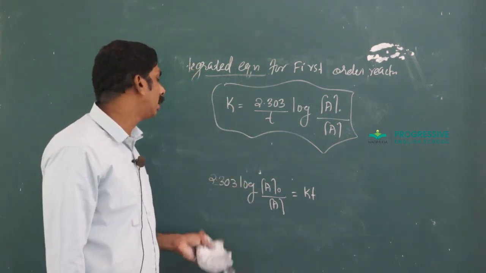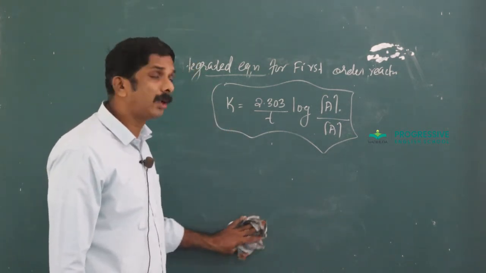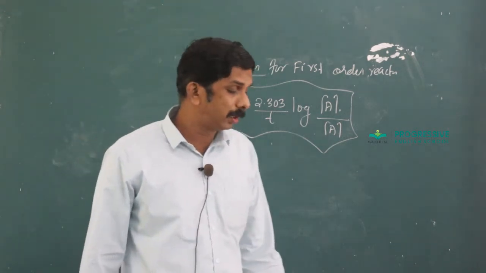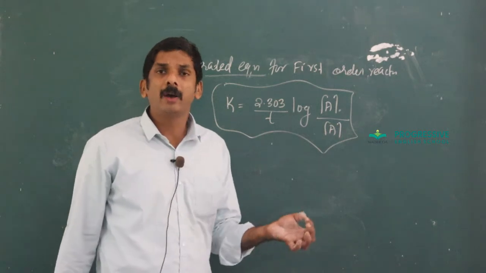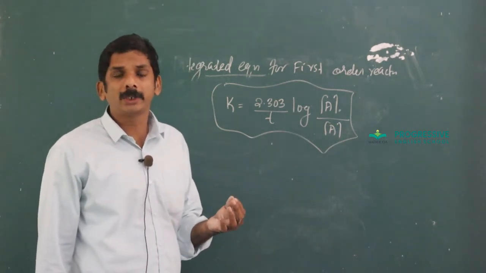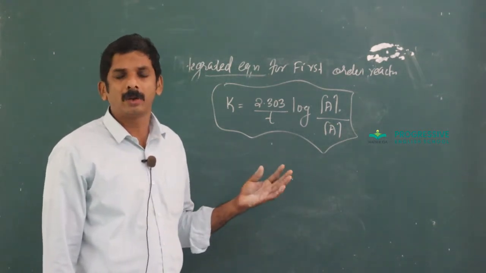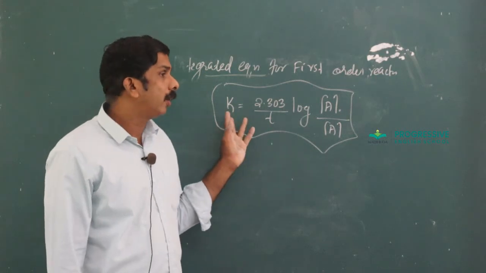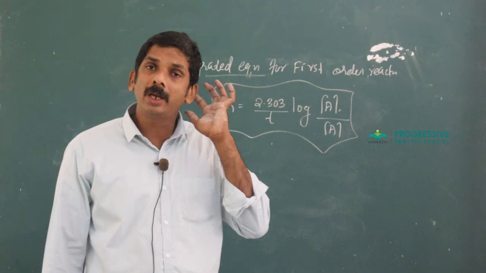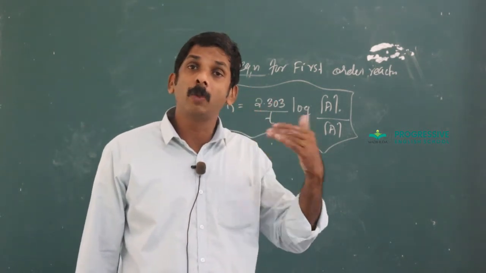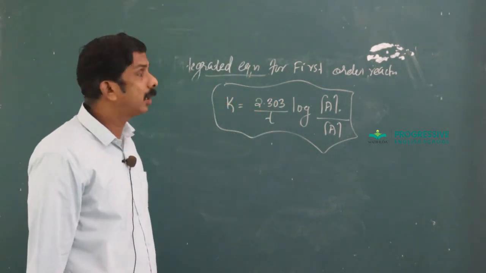This integrated equation is important for the examination, more than the previous one, that is zero order reaction. Derive the integrated equation for a zero order or a first order reaction. The integrated equation of a first order reaction is more important than zero order.